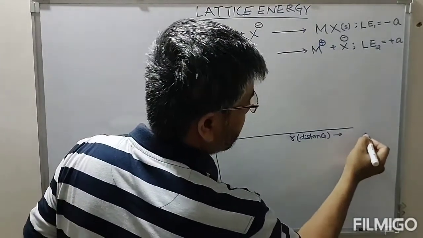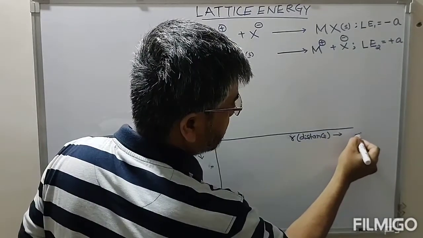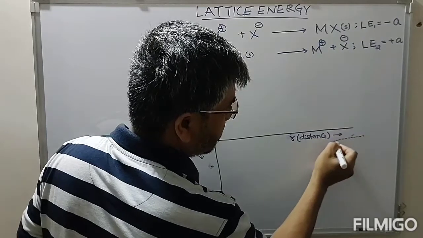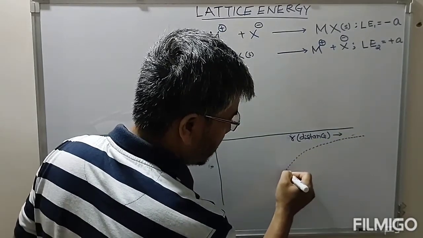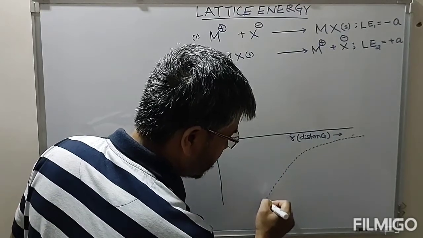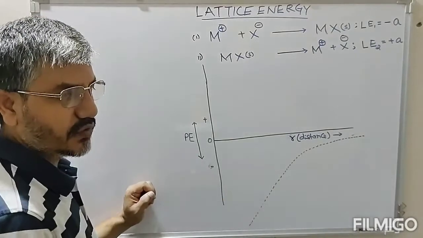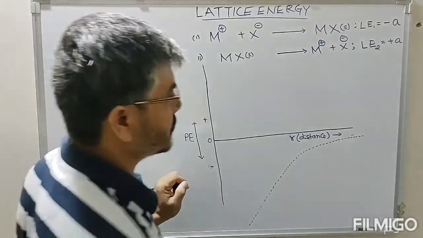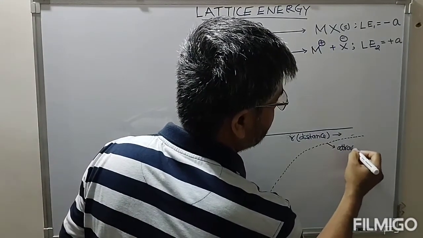As the distance decreases, the attractive force increases. As the attractive force increases, the potential energy of the system decreases continuously. So this represents the attractive force.